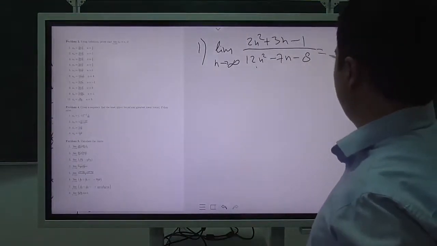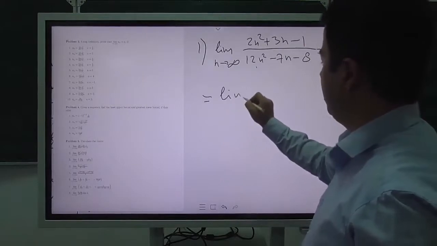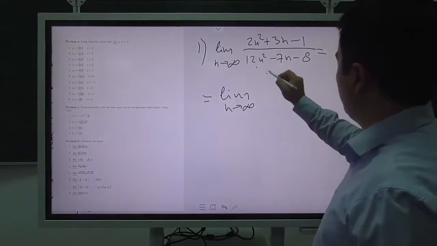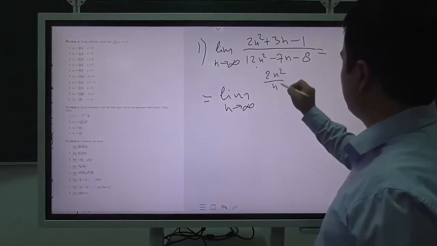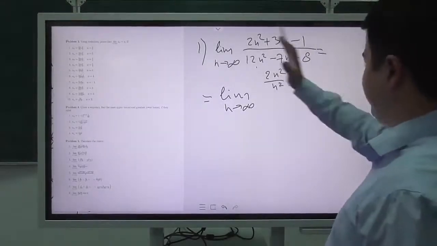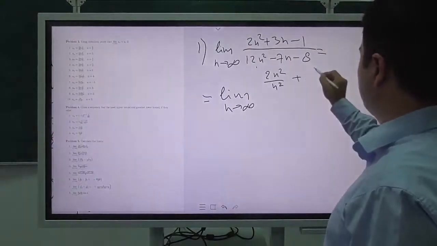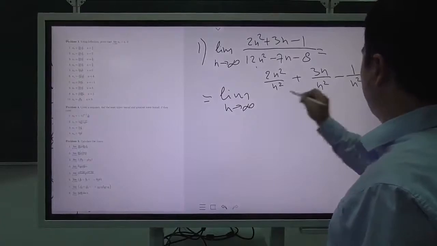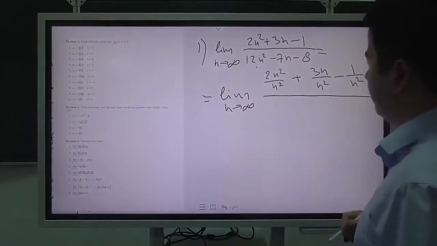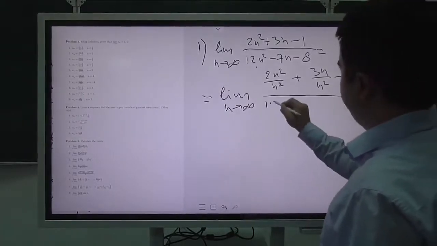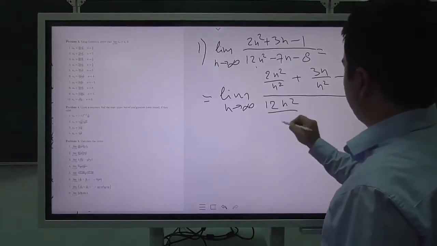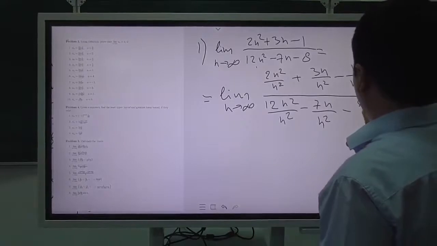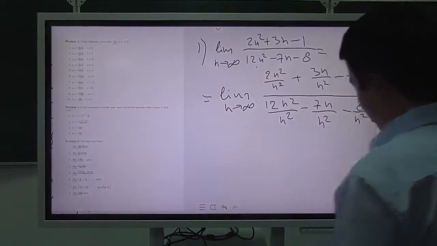So it's very easy. Limit n tends to infinity, 2n squared over n squared by each term, plus 3n over n squared minus 1 over n squared, over 12n squared over n squared minus 7n over n squared minus 8 over n squared.